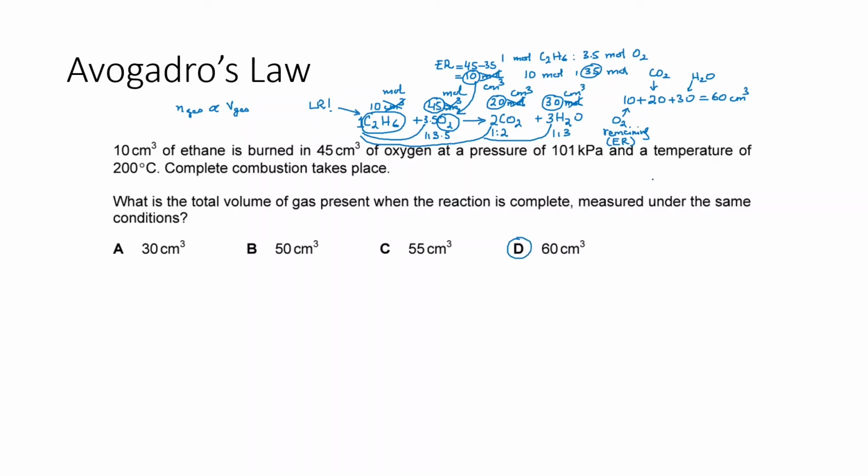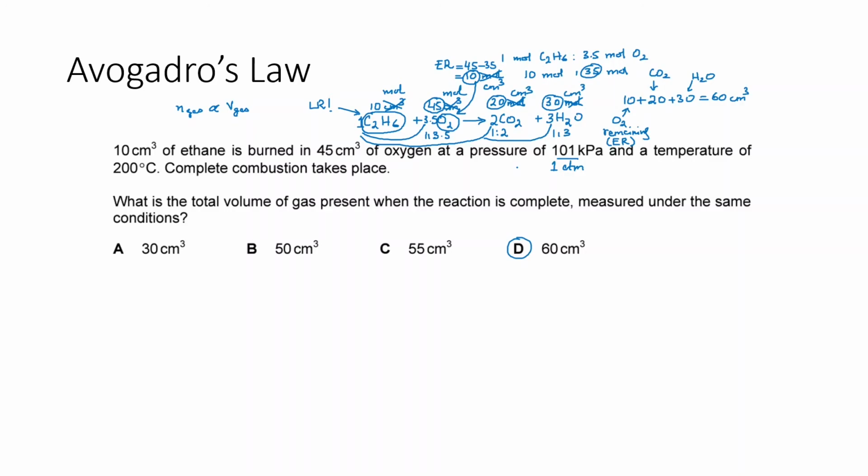And before you get started on, wait, H2O is water, it's liquid, isn't it? Well, under the conditions given of 101 kilopascals, which is approximately 1 atmosphere, atmospheric pressure, and the temperature of 200 degrees Celsius. Under atmospheric pressure, water has a boiling point of 100 degrees Celsius. You have a temperature that's twice that.